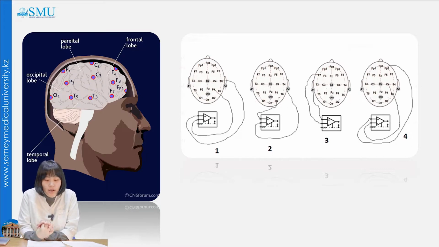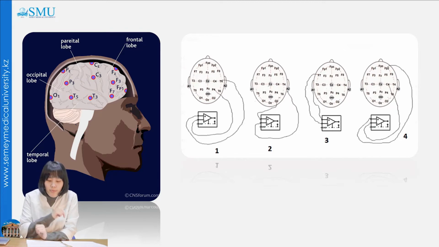The second is to maintain one of the main characteristics of a normal electroencephalogram: significant symmetry. The electrodes must be placed symmetrically about the mid-sagittal line of the head. Thirdly, since the potential difference depends on the distance between the electrodes, the distance between the electrodes must be the same.